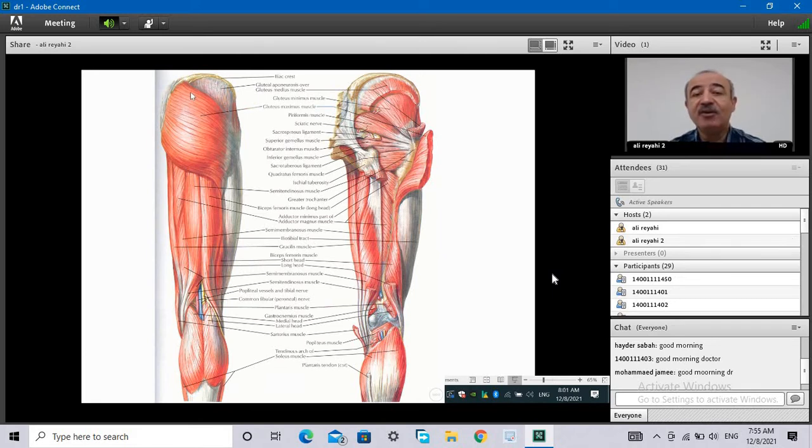According to the size, there are gluteus maximus, gluteus medius, and gluteus minimus muscle.